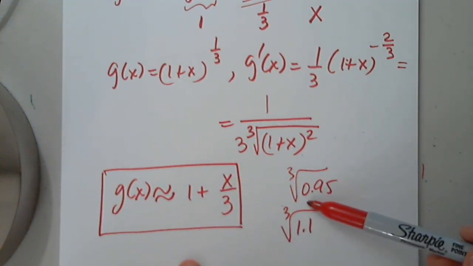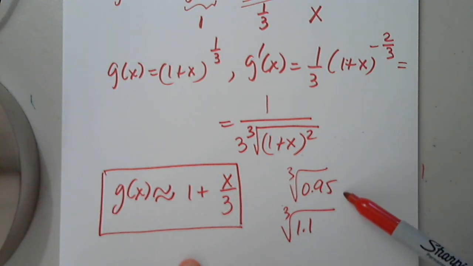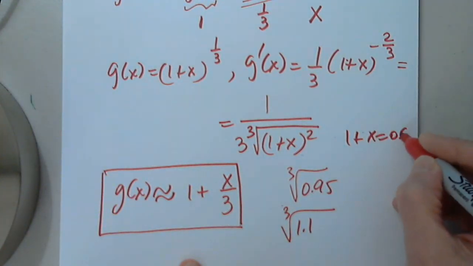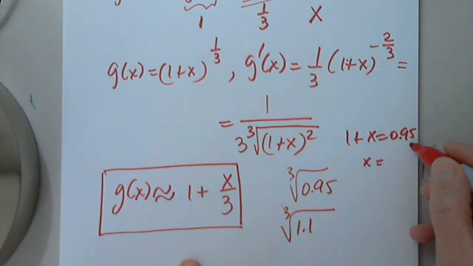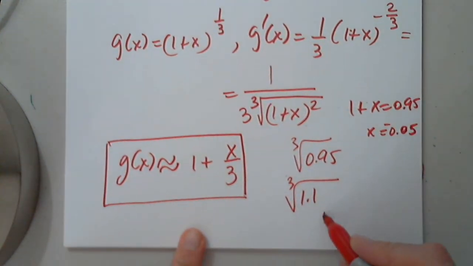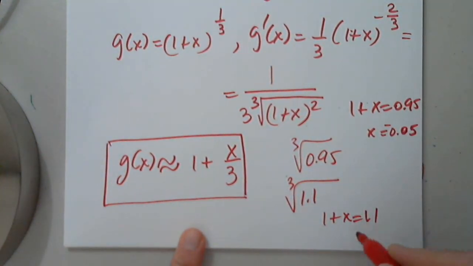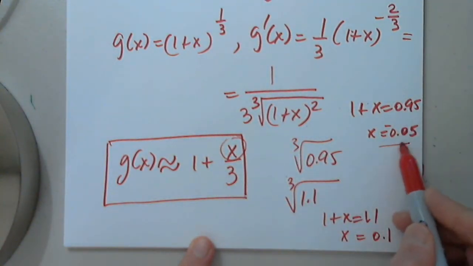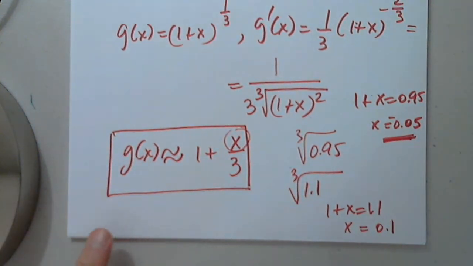So 1 plus x is 0.95, so x equals negative 0.05. And 1 plus x equals 1.1, so x equals 0.1.